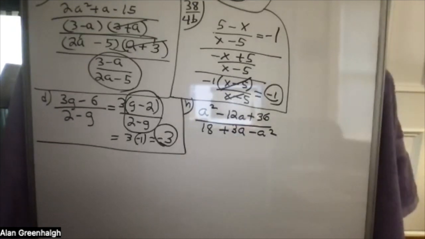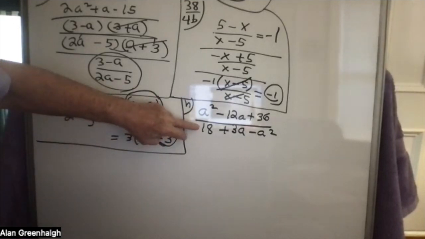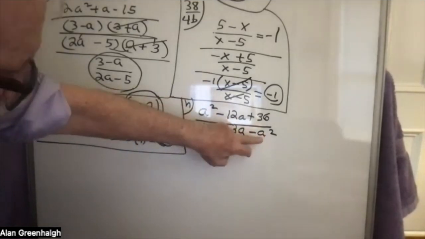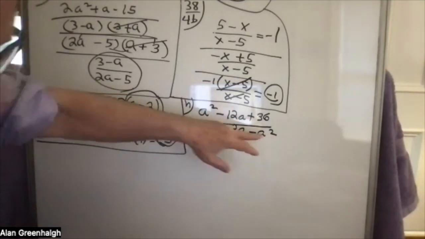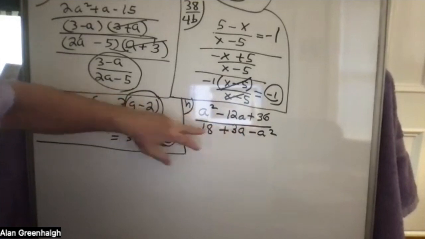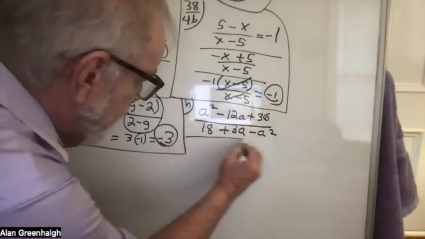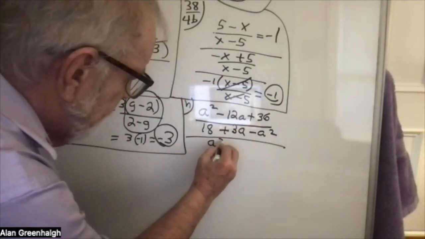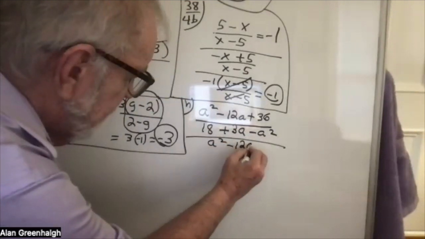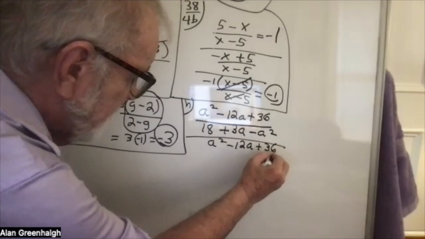Well, the reason I'm hesitating is that I don't like this at all. I don't like when the a squared is over there and everything is backwards. See, that bothers me a lot. So I am always inclined to turn it around.